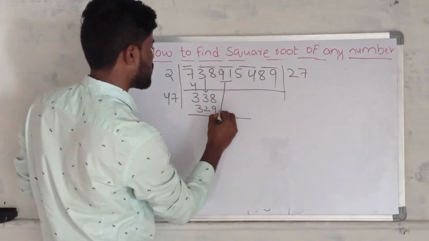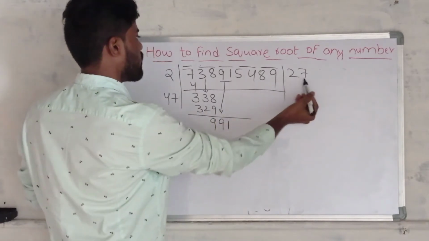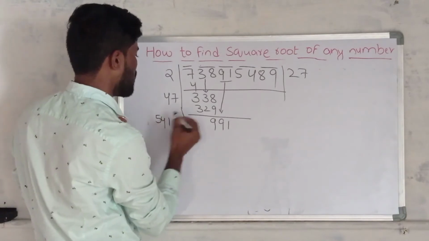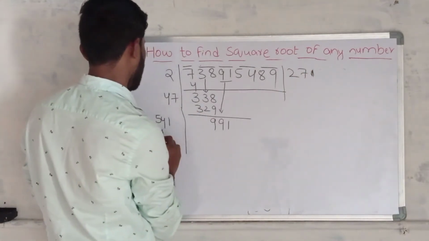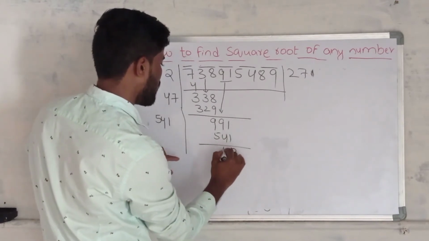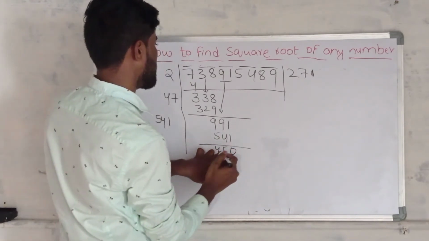Next we bring down the next group, 90. 27 into 2 is 54. 541 into 1 is 541, leaving 450.